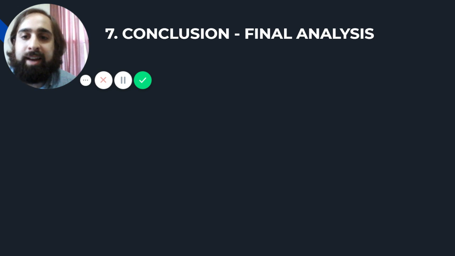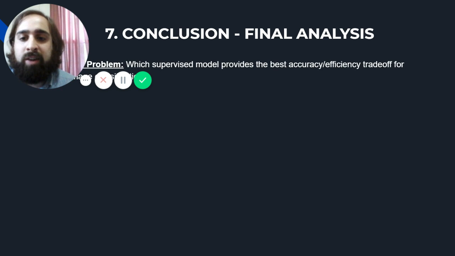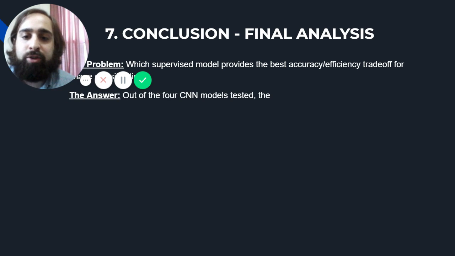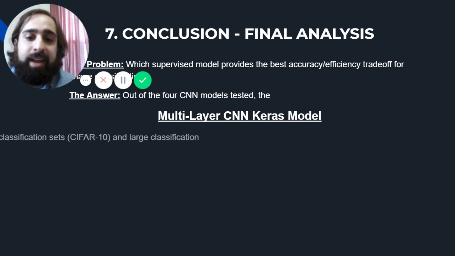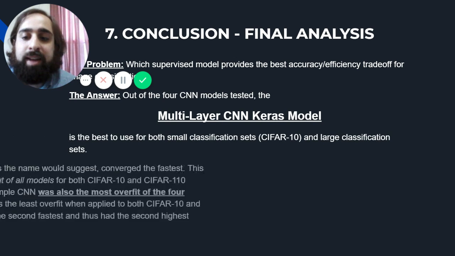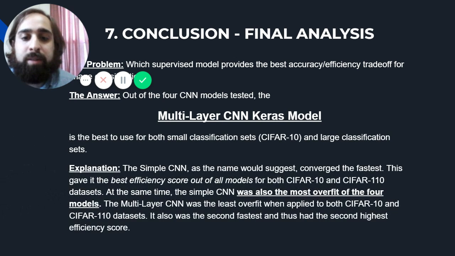But the simple CNN is actually also the most overfit. So if we're asking ourselves which supervised model provides the best accuracy-efficiency trade-off, that's again testing accuracy per minute, I'm going to go with the multi-layer CNN, because even though the simple CNN was technically better than the multi-layer, it was also the most overfit.